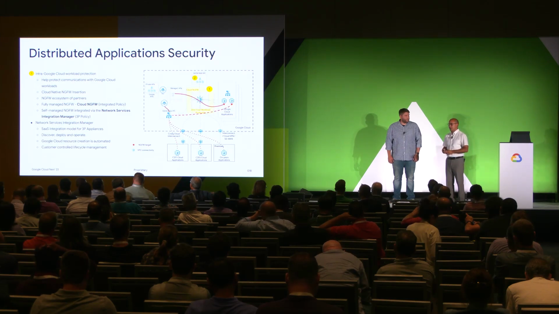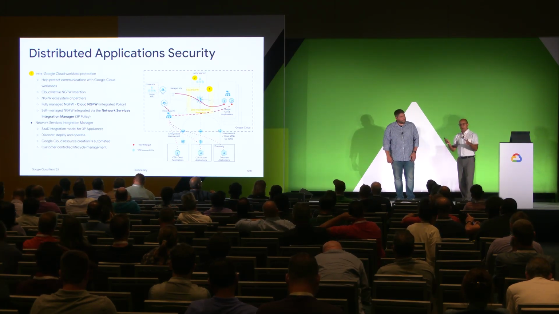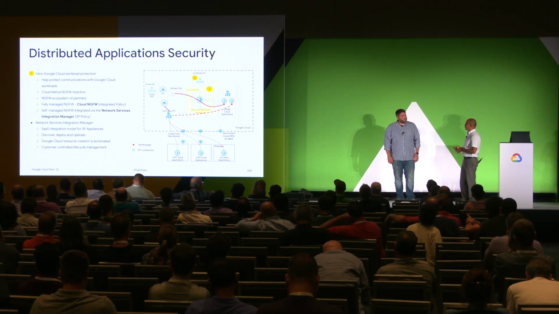There is a series of partners that actually participate in this program, and the firewall will be discovered. All the resources in cloud will be actually built for you, and you are left with the things that you care about. The lifecycle management of the software on your firewalls, all the policies on your firewalls, and the integration with your systems. So this is basically how we're planning on securing all the traffic to and from the workloads in the distributed app. Tom, what do you think?